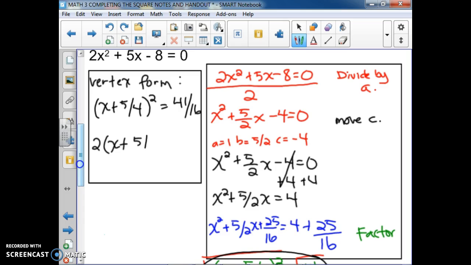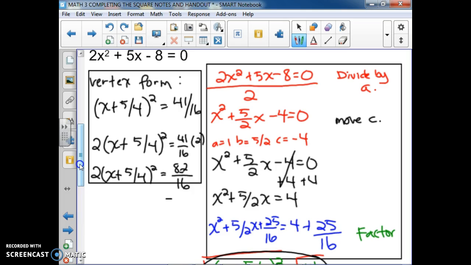I have x plus 5 over 4 squared equals 41 over 16 times 2. I'm going to leave the 2 in the front here. So I have 2 times x plus 5 over 4 squared equals 41 times 2, which is 82 over 16.